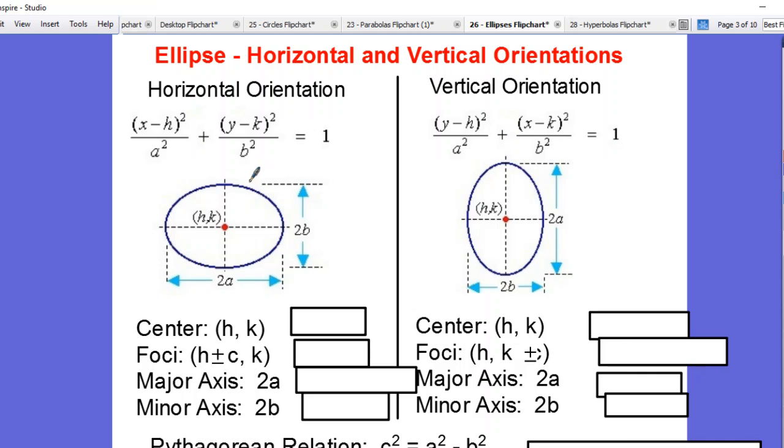One trick while looking at this is to think: if this distance is 2a, from the farthest end, this vertex, to this vertex, what's this distance right here, which is half of that?